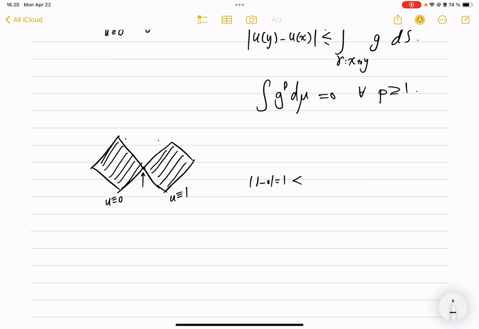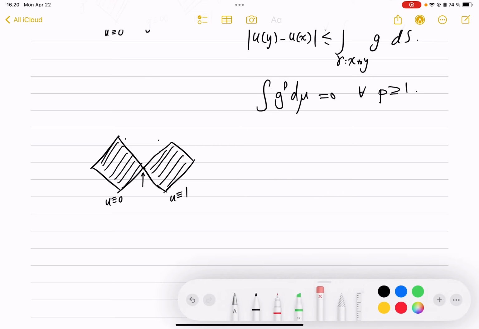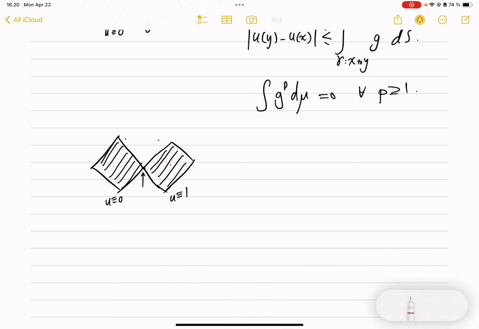for this to be less than or equal to the integral of g, g cannot be supported only at 0, so this has to become a positive value. And then we see that if you have points x and y here, for g to be an upper gradient, the integral of g over this should be 1, over this one should be 1, over this one should be 1, over this one should be 1.